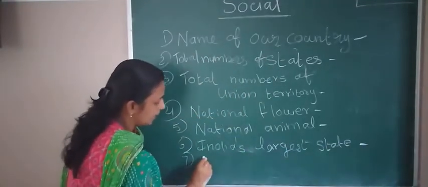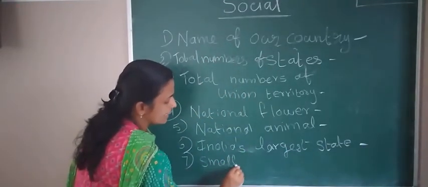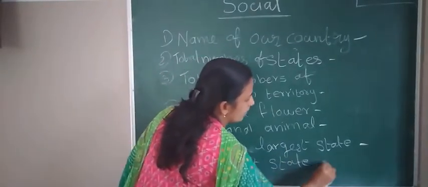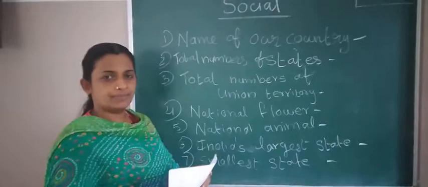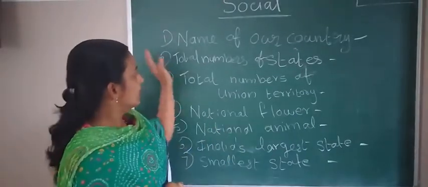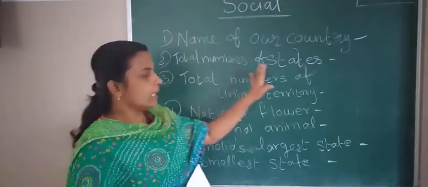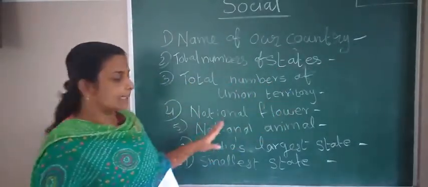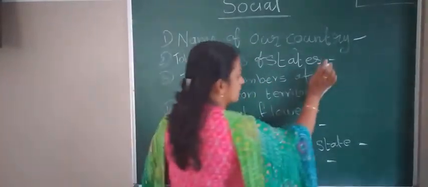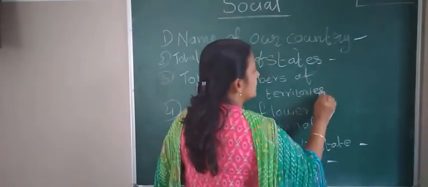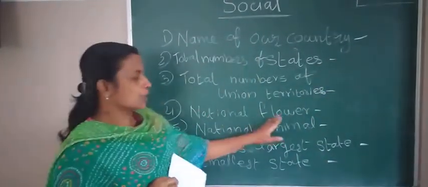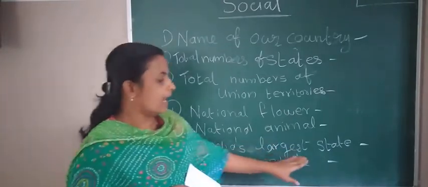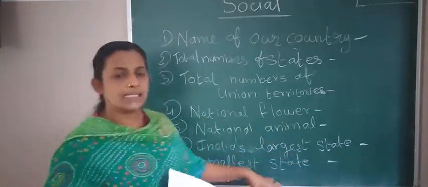And seventh one, smallest state. Questions are not over. Name of our country, total number of states in our country, total number of union territories, national flower, national animal, India's largest state, smallest state.